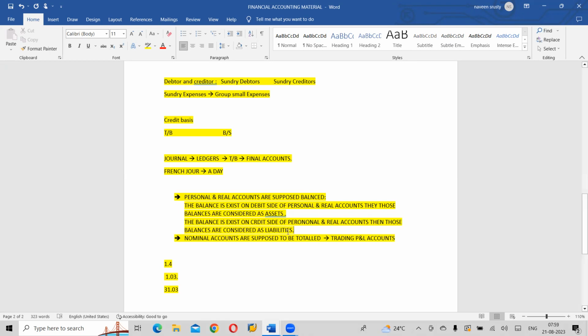Understood? If the personal and real account balance is showing on the debit side, then it is considered an asset.